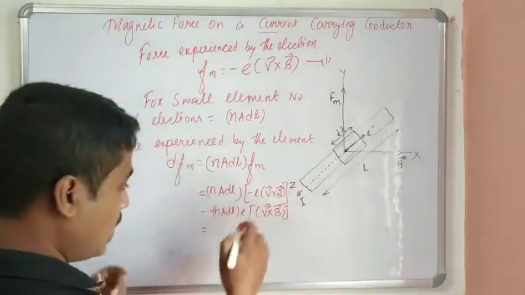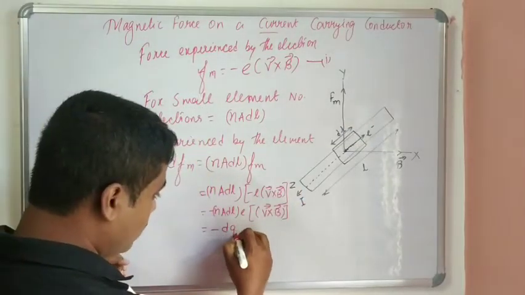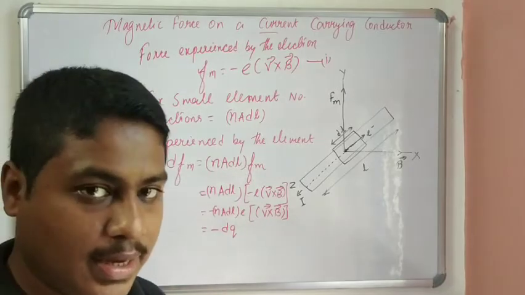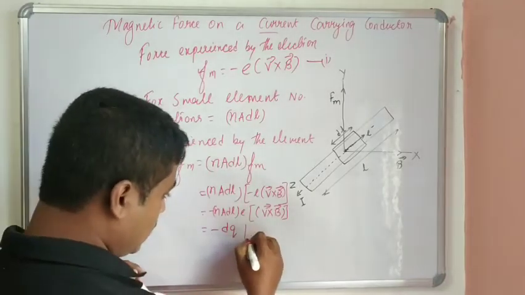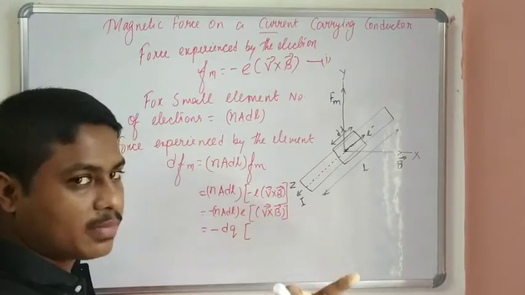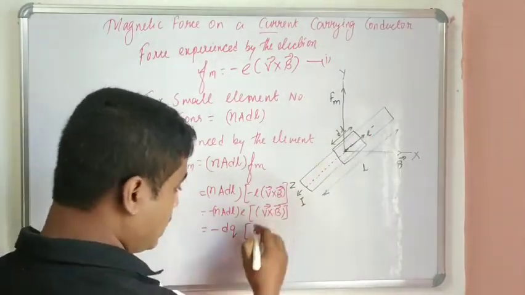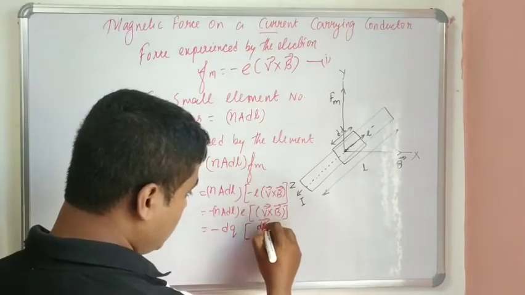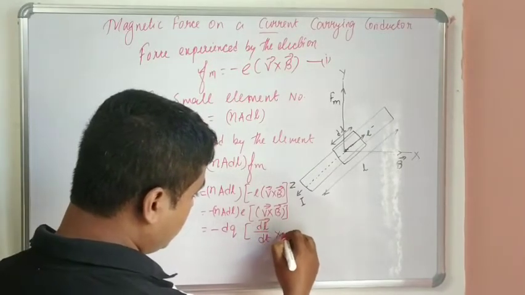Since the element is small, I can write that charge present in that small element as dq. Then V is a speed, so I can consider it as distance divided by time. Since the element is dl, the distance will be dl divided by dt, cross B.